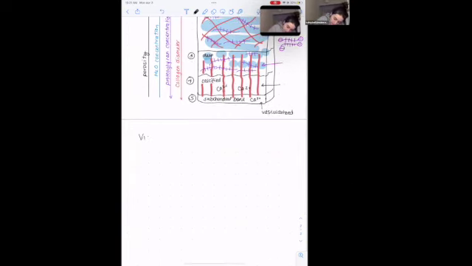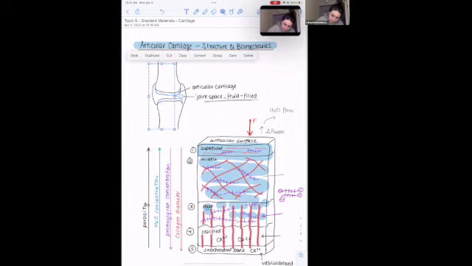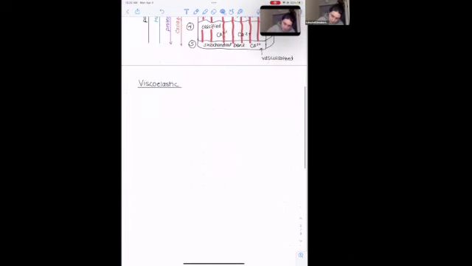Well, it's actually a very viscoelastic material. So we can break it down. If we take this little drawing here, and we wanted to make more of an engineering model of what this is doing, it might look something like this, where we have a spring, and it comes down, and we have a damper.